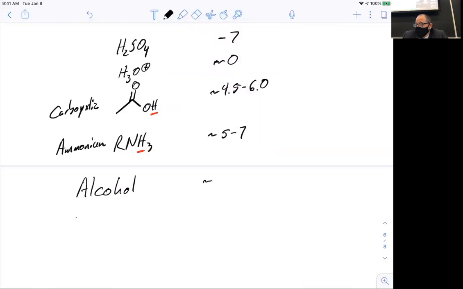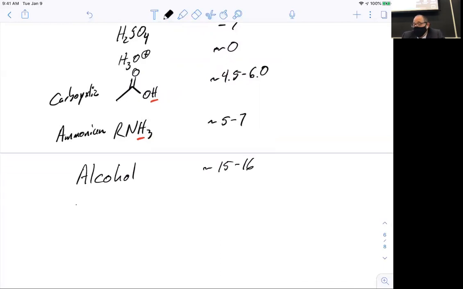Alcohols, we're looking at the 15 to 16 range, up to even 18. Again, near water, that would make sense.